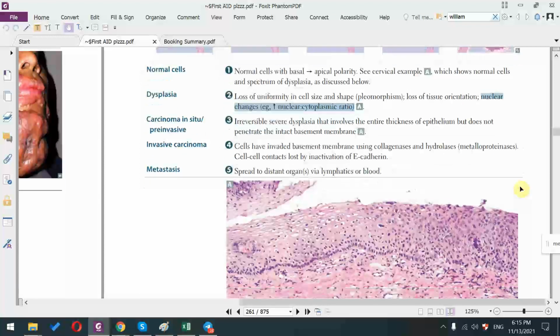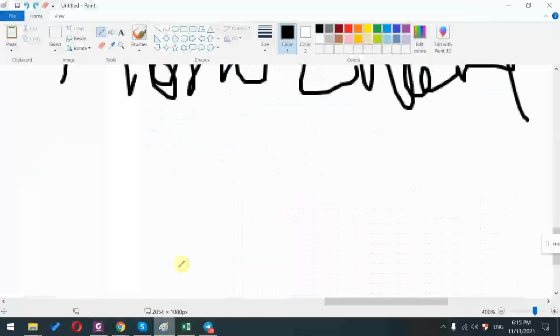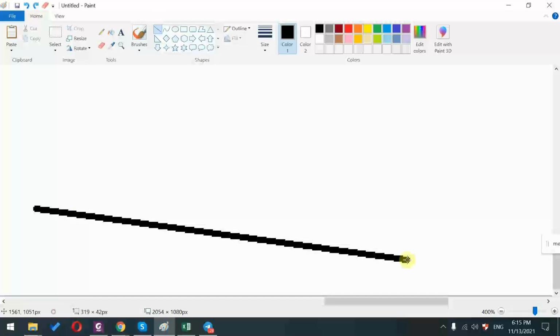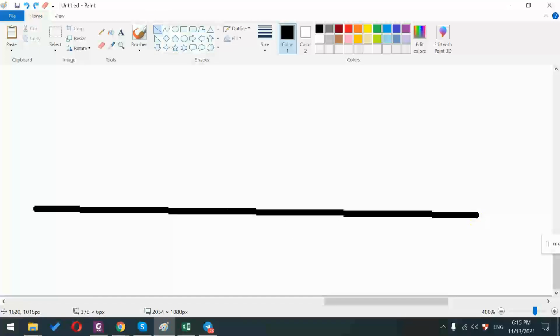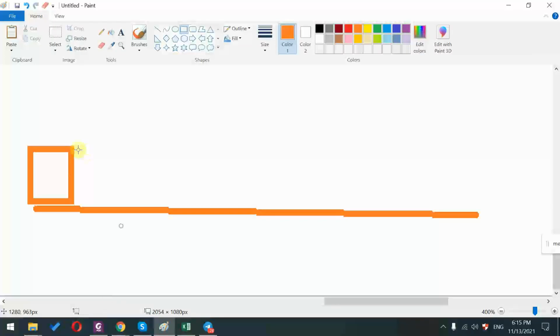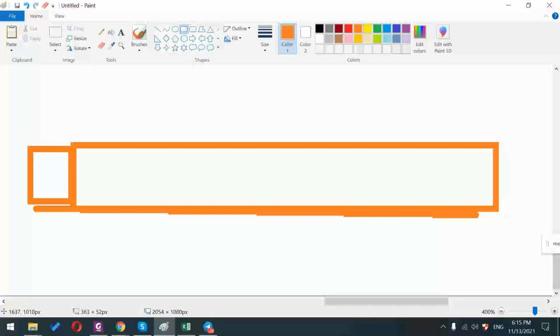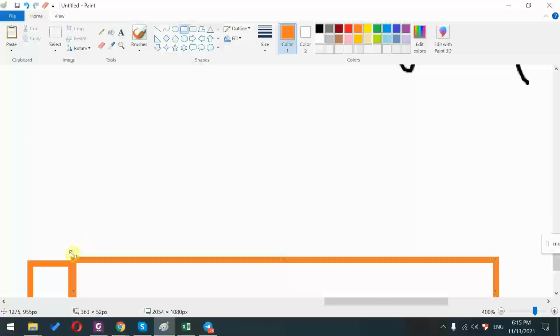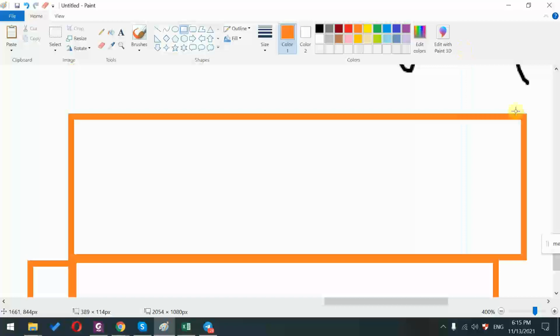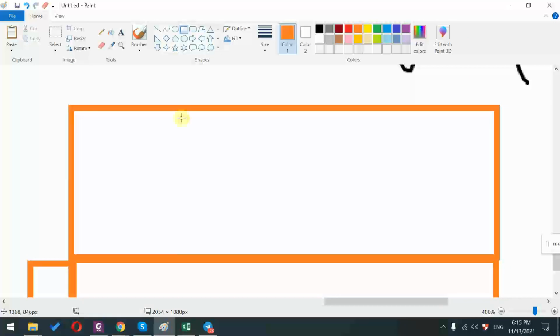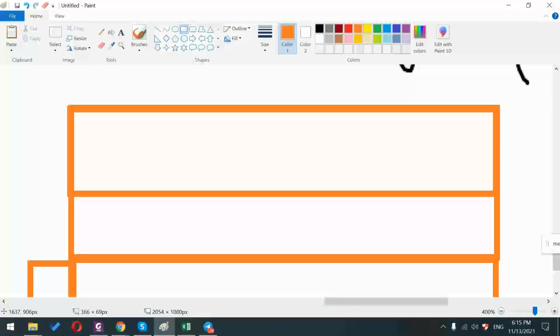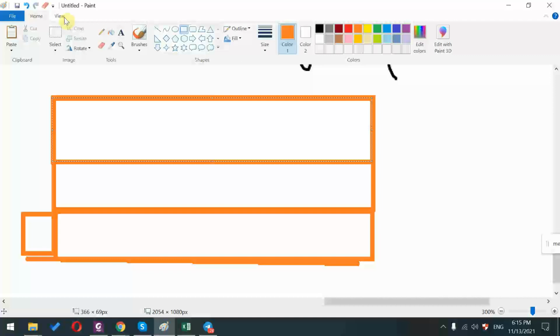So there is something called carcinoma in situ. Let me do my drawing because I cannot find a good drawing, so I will do mine. This is the basement membrane. I will make it orange. And then on it you have multiple cells. Let me just, for the sake of simplicity, make them like this. Let's imagine that the cervix only consists of 3 layers, okay?